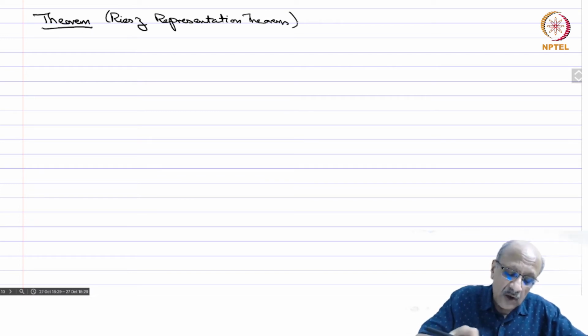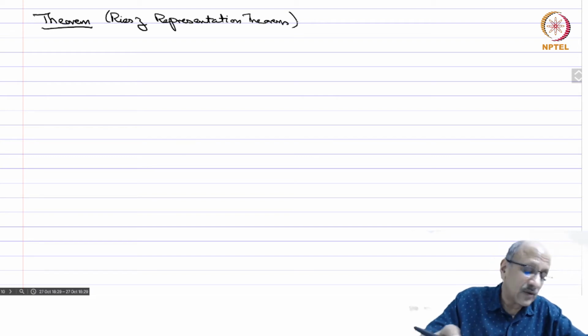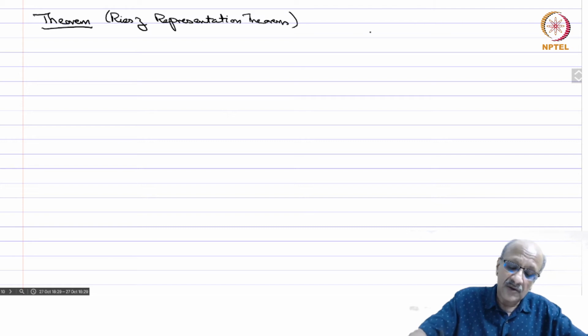So these are all attributed mainly to Riesz, who is a pioneer in this area of computing duals, and also representation. So the abstract linear functional is given a concrete representation in terms of known objects. Okay, so that is why it is called the Riesz representation theorem. So there's a whole family of such theorems. This is just one of them.